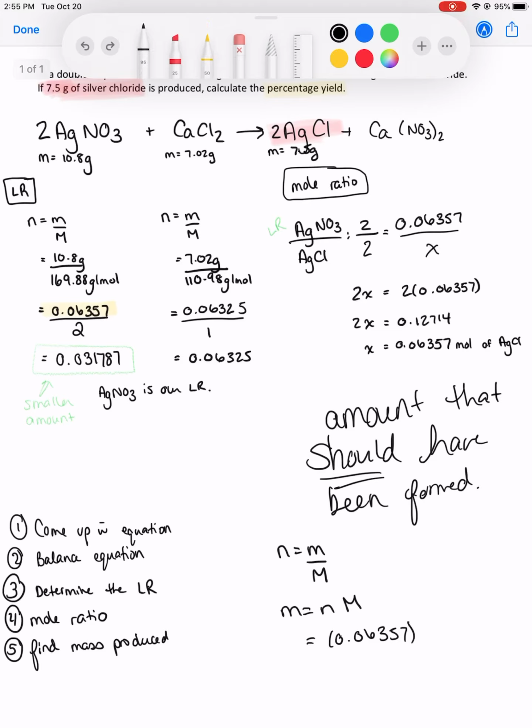Our molar mass, 107.87 plus chlorine, 35.45, is 143.32. So I'm going to multiply those two together. I've got 9.1108524 grams. So this is where our sig figs come into play.